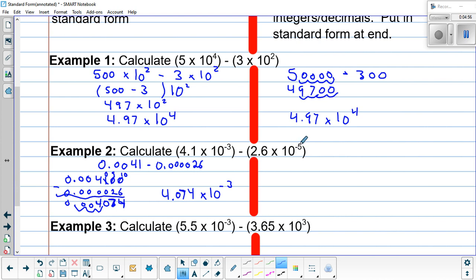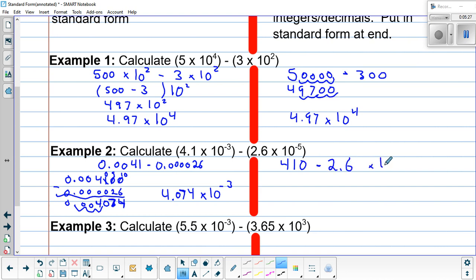So let's do method 2, because last time when we had both negative indices, it paid off to do method 2. So let's get them into our lowest power, which is that minus 5. So that's going to turn this into 410, and then we'll have minus 2.6.